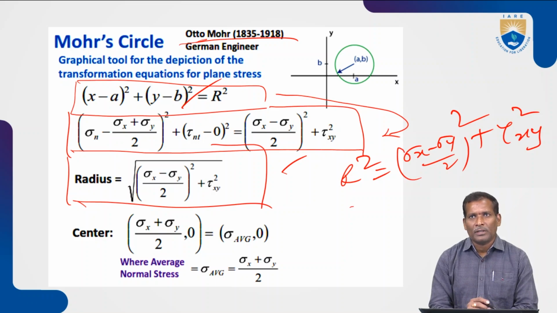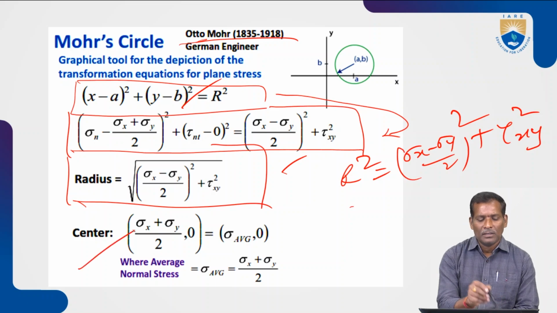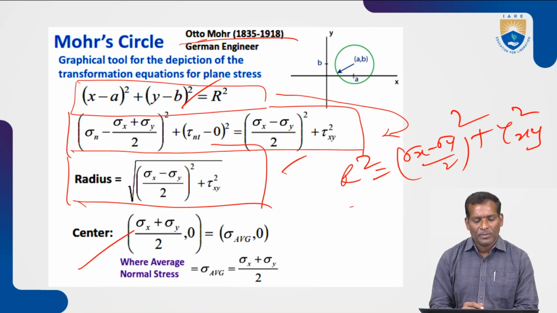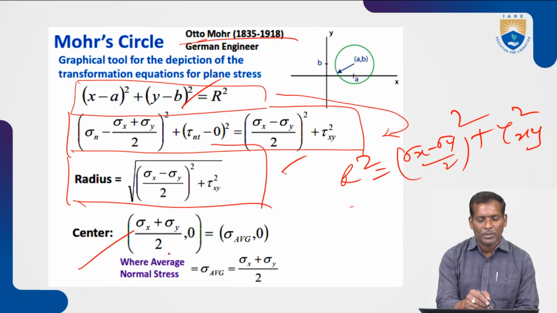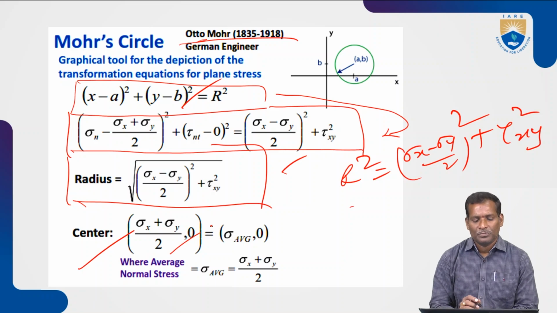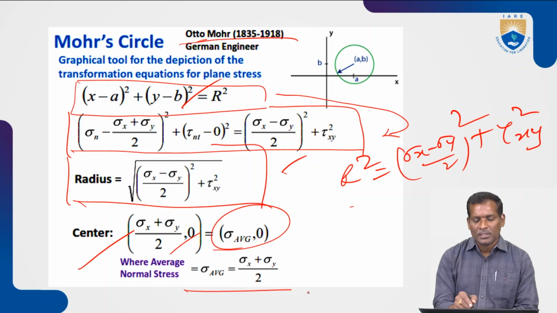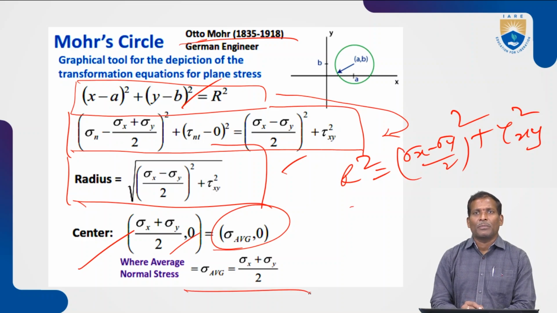The center point for the circle is, sorry, (sigma x plus sigma y) by 2 comma 0. So this is the average of these two stresses. It gives the center point, where the average normal stress is equal to (sigma x plus sigma y) by 2.